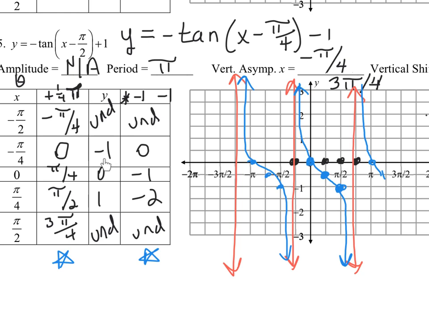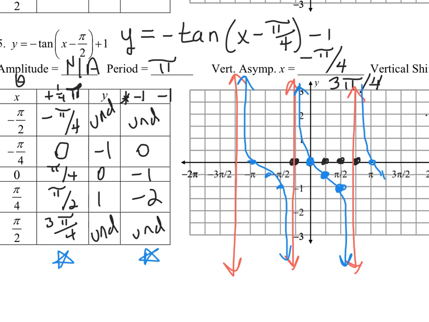So I multiply by -1, I get -1 times -1 is 1, and 1 minus 1 is 0. And then 0 times a -1 is 0, plus a -1 is -1, and then 1 times a -1 is -1, minus 1 is -2, and these are the values that I'm going to graph.